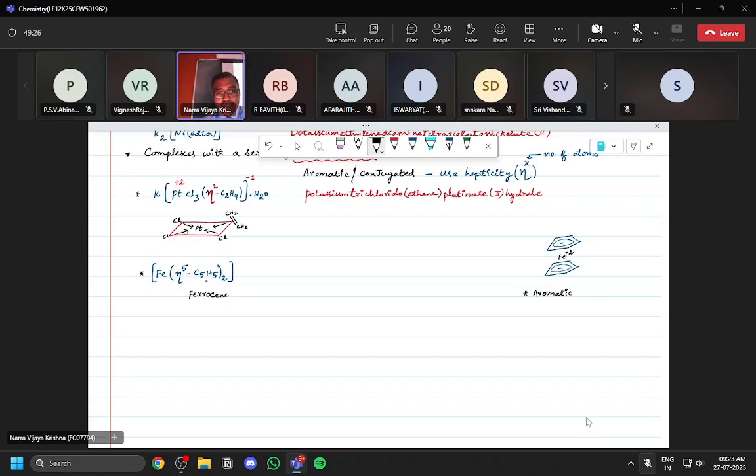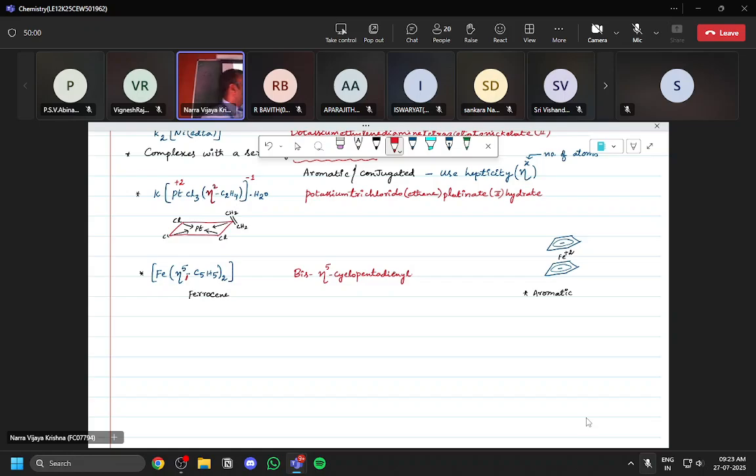Give the name of this complex. Bis, and you can write eta 5. Actually, no need to mention eta 5, but for your understanding I am writing it. Eta 5 cyclopentadienyl.